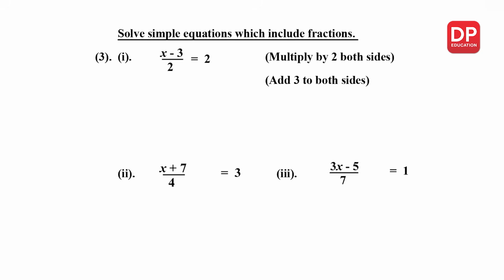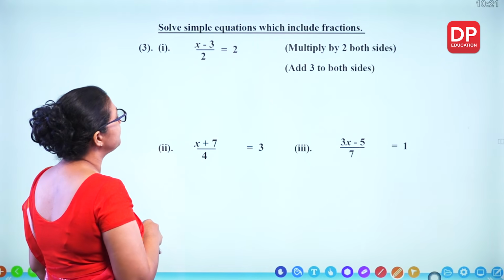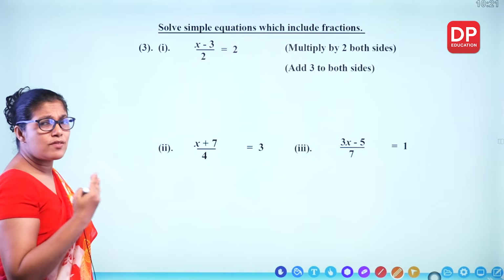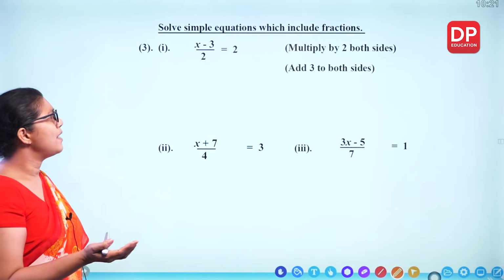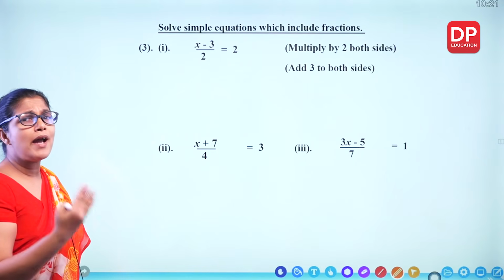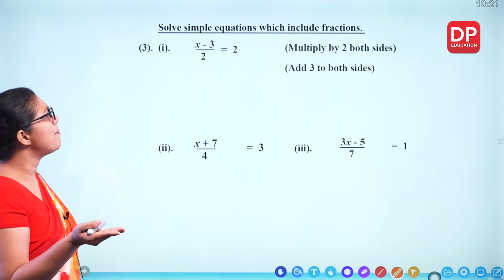Solve simple equations which include fractions now. Now there's a fraction, half is there. It's better to remove that. Remove the denominator. So this is divided by 2. How do you remove that? Inverse operation, multiply by 2.